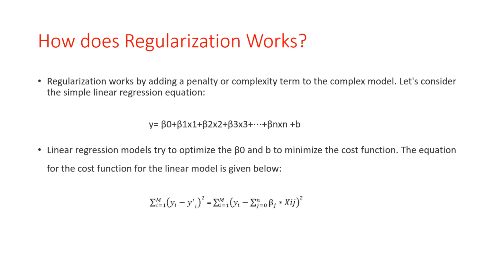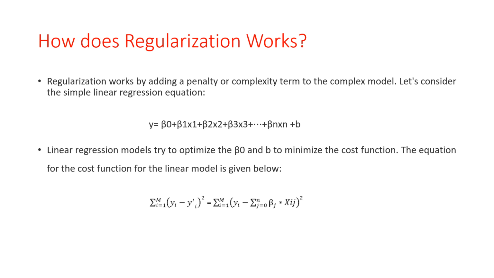So next is, how does the regularization method work? Regularization works by adding a penalty or complexity term to the complex model. So let us consider the simple linear regression equation y equal to b0 plus b1 x1. This is also called beta 0, beta 1 x1, b2 x2, b3 x3 and so on up to bn xn plus b.